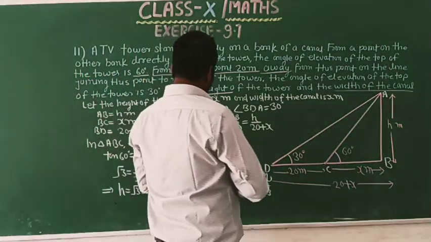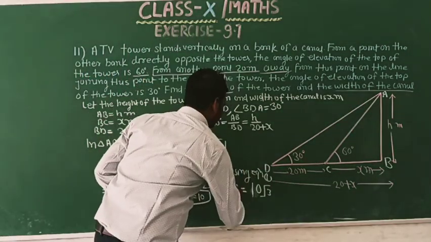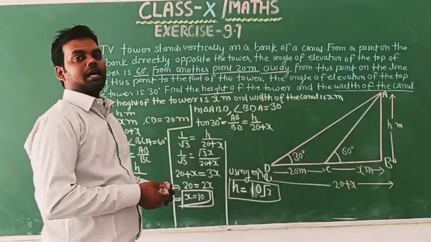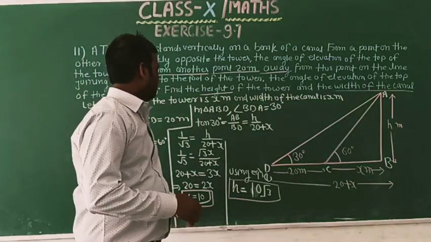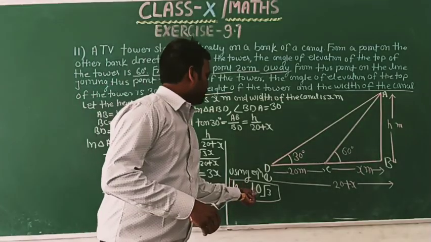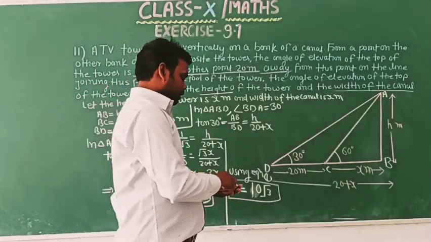So this is the height of the tower, and the width of the canal is equal to 10 meter, and the height of the TV tower is equal to 10 square root 3 meter.